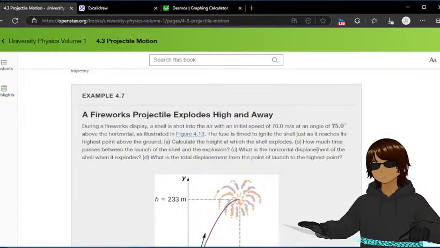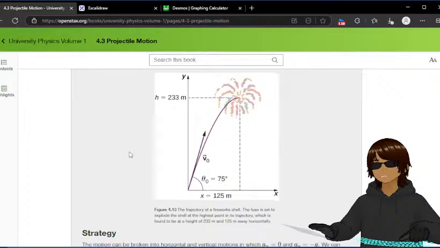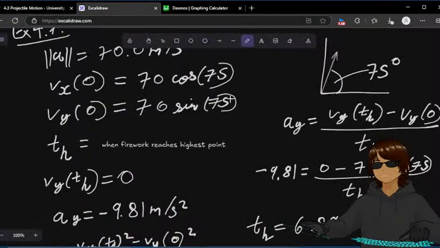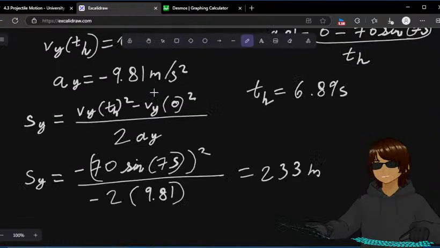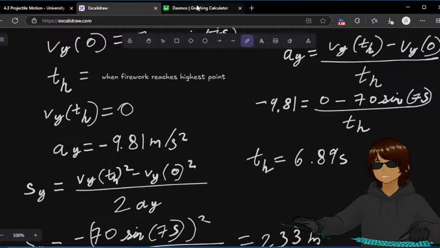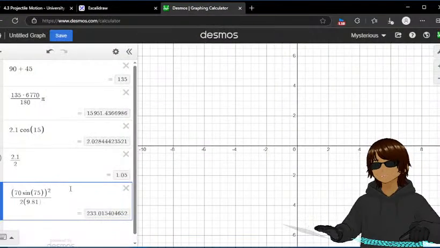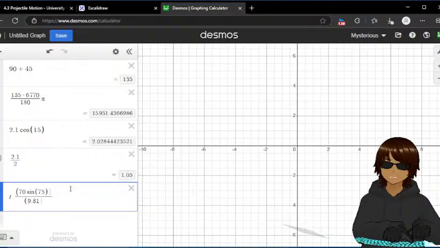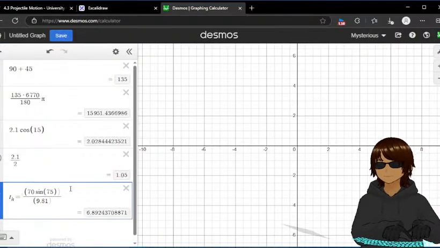What is the horizontal displacement of the shell when it explodes? They gave the answer here, but we will calculate it anyway. The velocity in the x direction is constant and it goes on for 6.89 seconds, which we call t_h.